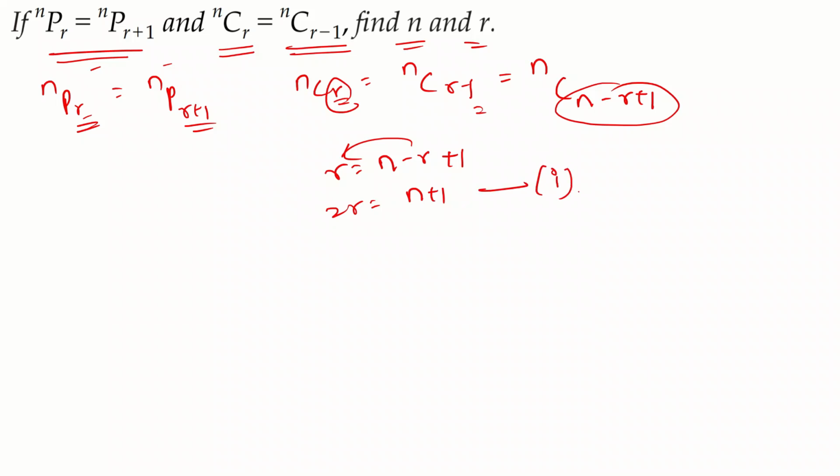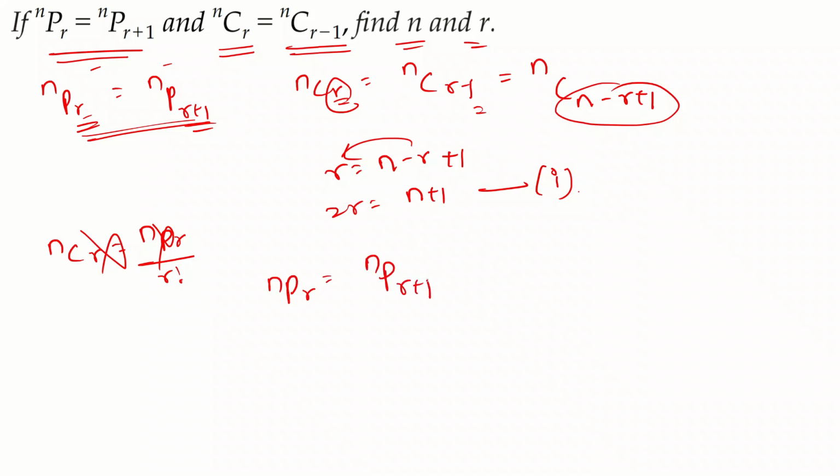Alright, now what about these? Let's see what we can do with this result. We know that nCr is equal to nPr by r factorial. We actually don't need this. What we do, we just expand these. So we start with nPr is equal to nP(r+1), and so we have n factorial by (n minus r) factorial is equal to n factorial by (n minus r minus 1) factorial.